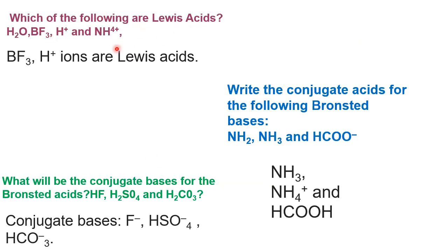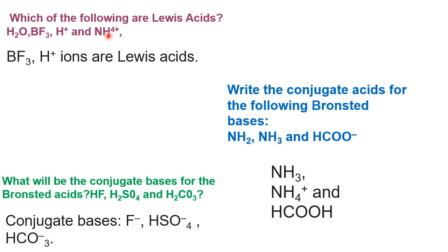Which of the following are Lewis acids? Lewis acids are electron acceptors. BF3 is electron deficient, it wants electrons. H plus is highly reactive: it has no electron at all. It has lost its electron, so it is badly in need of electrons, and it accepts electrons. NH4 plus is already a cation, so it doesn't require any electron.